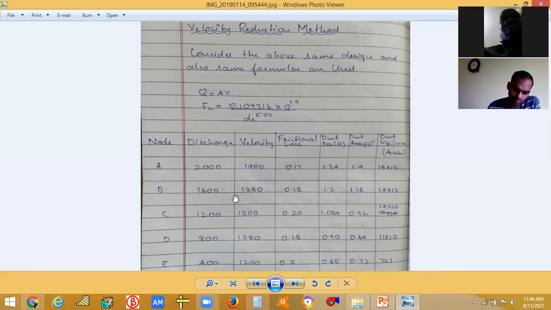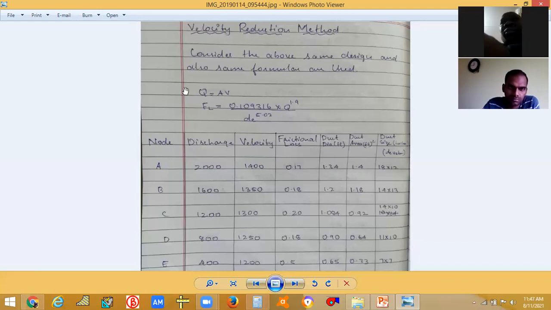The same tabular column is used here. The only difference is that we are changing the velocity. We will know the initial velocity, that will be the same as in the previous step: 1400, 0.17, 1.34, 1.4. Whatever dimension you got, write it there. It was 17 into 11, something like that.